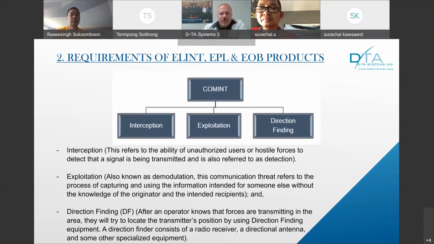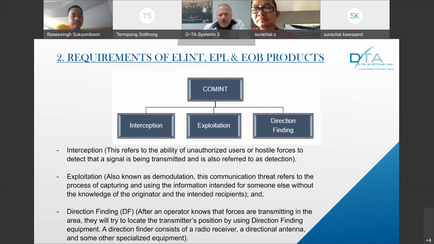So exploitation would be you utilizing a comm intercept system on board a ship or alongside, and intercepting a radio transmission between one and another party that is non-friendly or whatever, right?